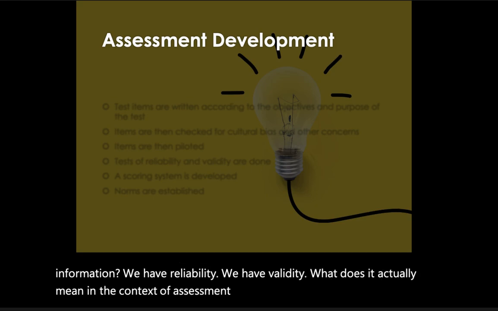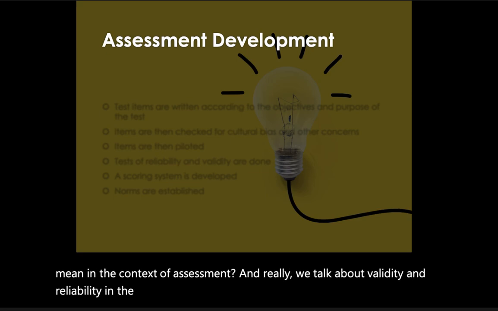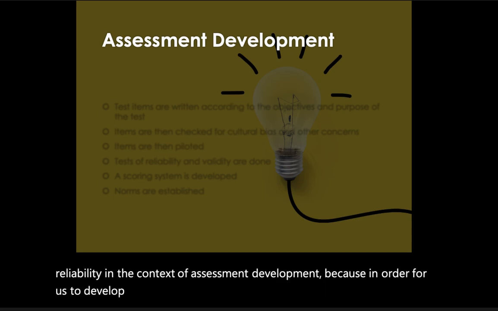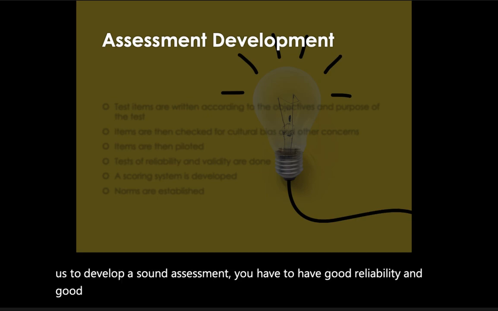And really, we talk about validity and reliability in the context of assessment development. Because in order for us to develop a sound assessment, you have to have good reliability and good validity of that construct. But then how do you develop an assessment?